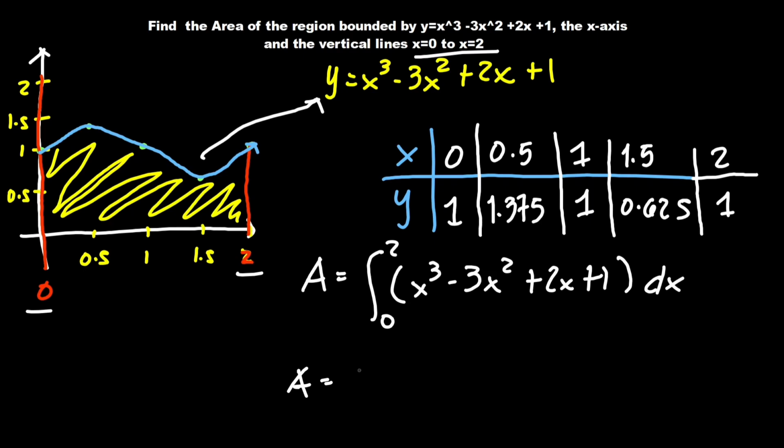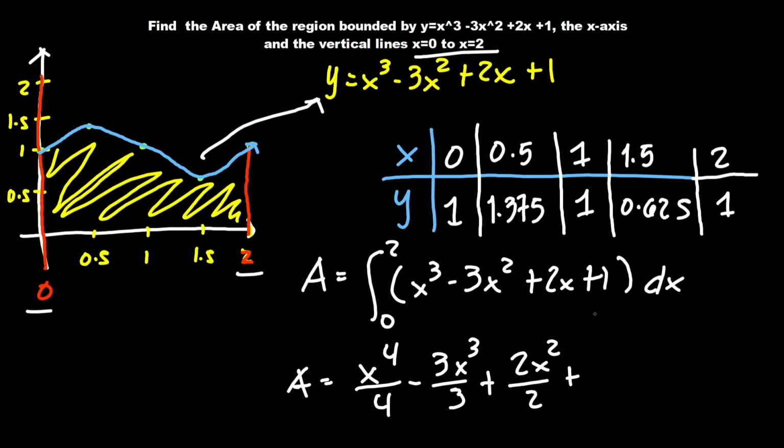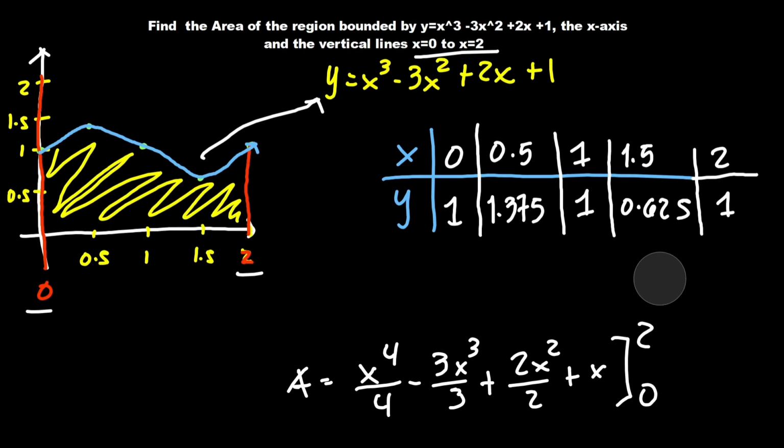And so the integral of x cubed would be x to the power of 4 over 4 minus 3x cubed over 3. Integral of 2x would be 2x squared over 2. Integral of 1 dx would be simply x. Substitute 2 into the x equation.